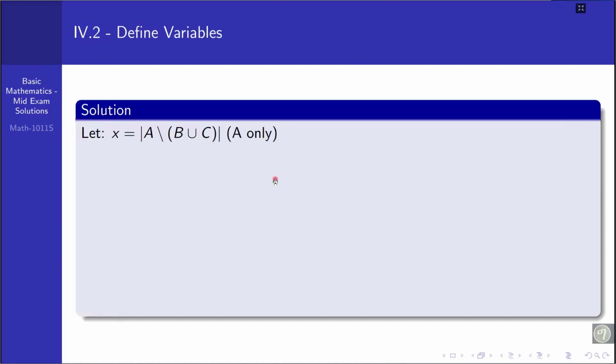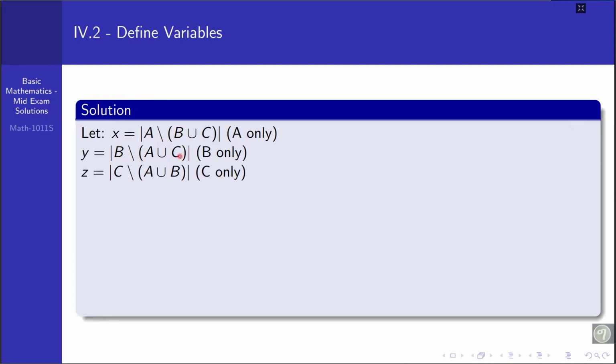For example, let X be the number of cars that are administered in A only, which are absent in either B or C. That means there are X cars administered in the first department, A only. Similarly, let Y be the number of cars administered in B only, which are not administered in either A or C.